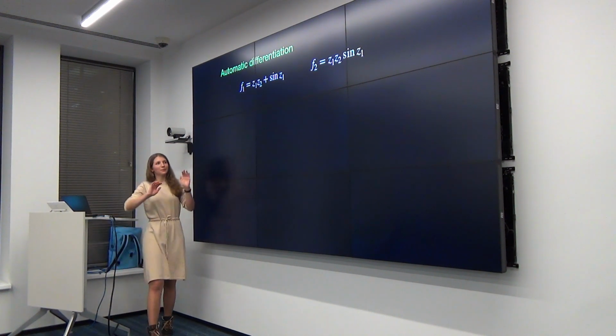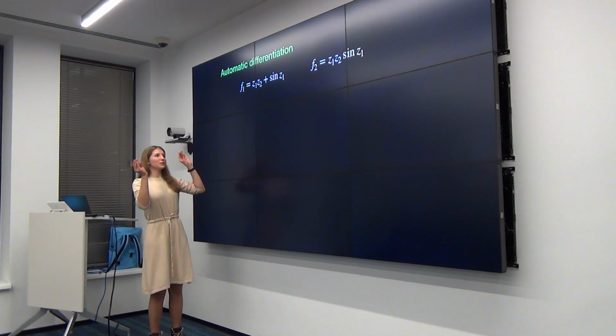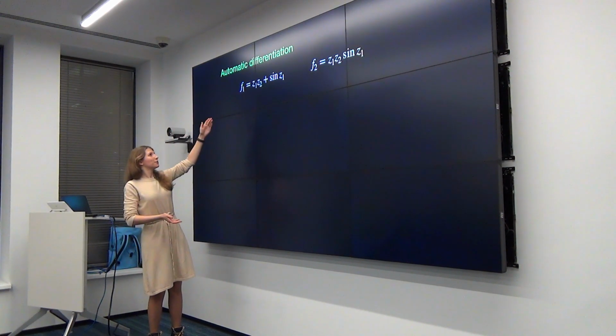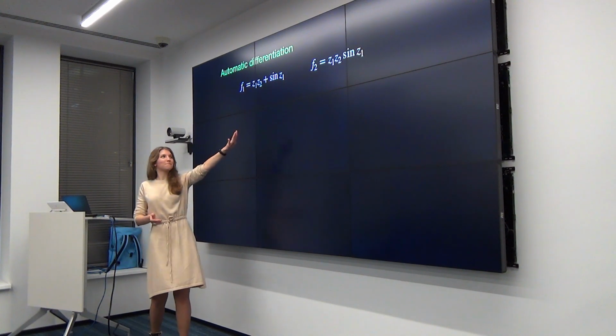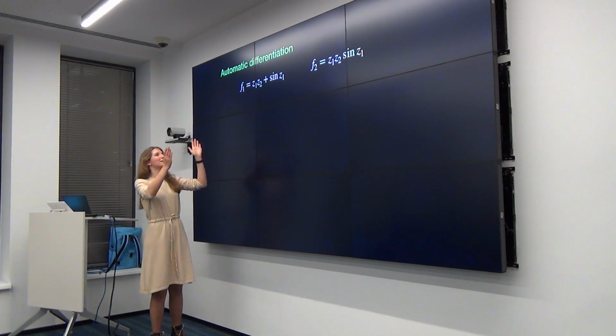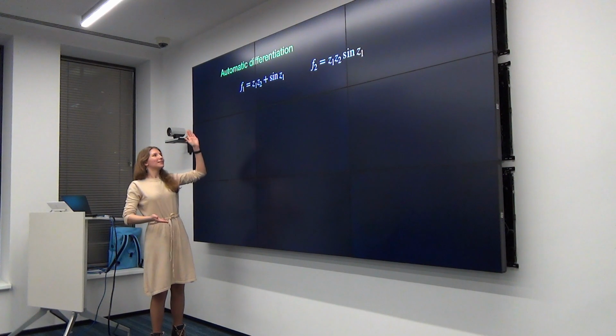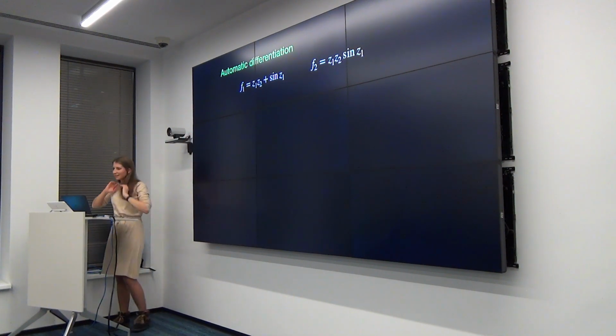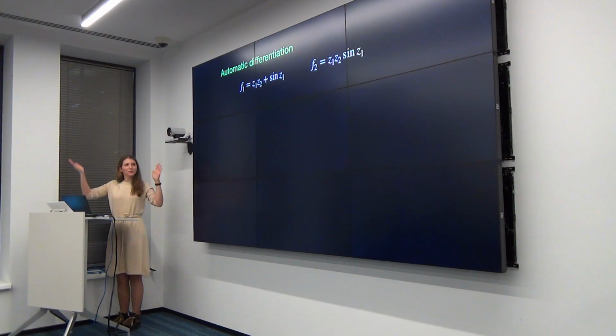We have a vector function with two components, f1 and f2. It depends on vector z with two components z1 and z2. And imagine that we are an automatic differentiation system. We want to differentiate these equations.